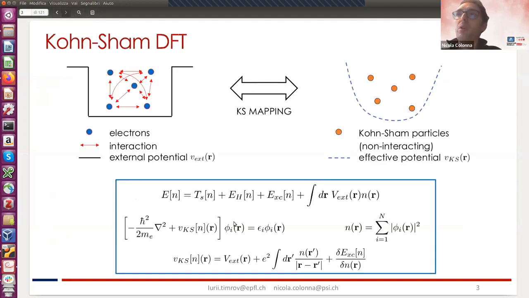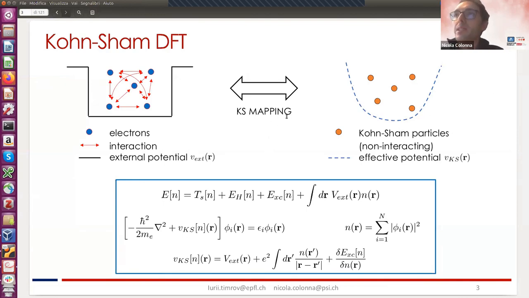This is a recap on Kohn-Sham density functional theory. The idea behind Kohn-Sham DFT is essentially to establish a mapping between the system of interacting electrons, which is in practice impossible to solve, this is a many-body problem, and an easier, much easier one, a system of non-interacting fictitious particles, the Kohn-Sham particles, that move in an effective potential.